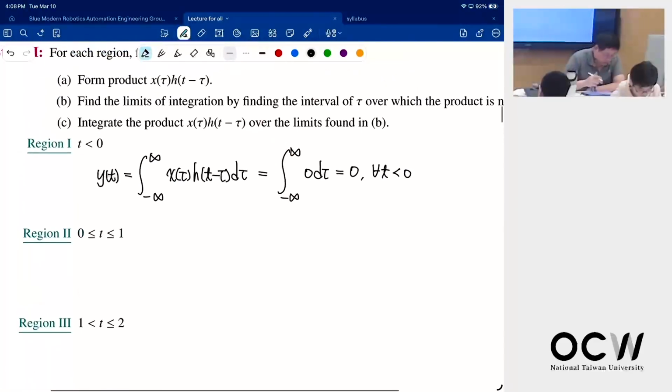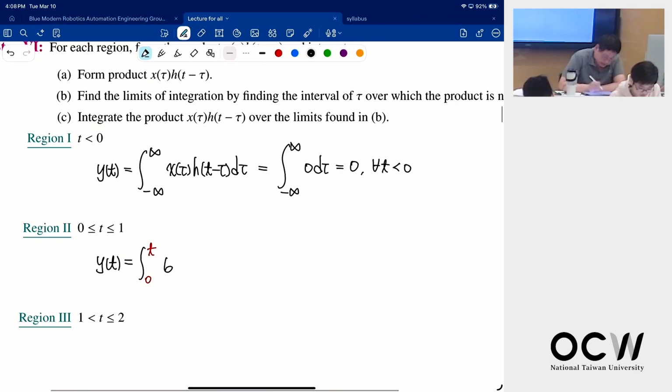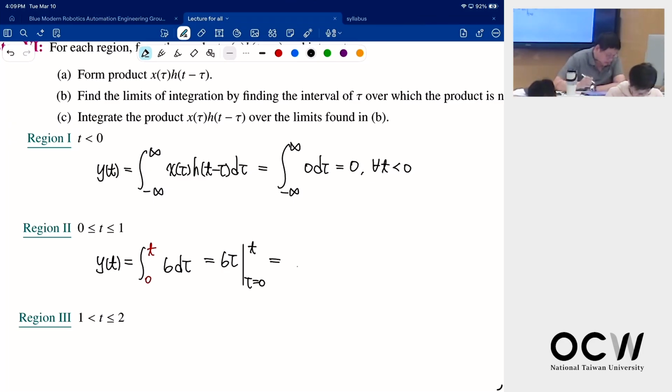So here y of t is from 0 to t, and then you have a product 2 times 3, that's 6 d tau. So it'll be 6 tau, and then tau is from 0 to t. So you get 6t. And this is for t between 0 and 1.